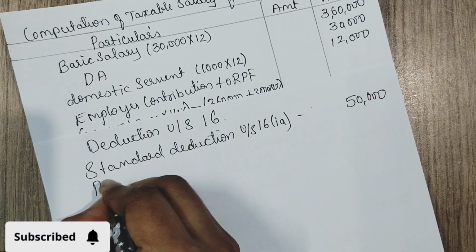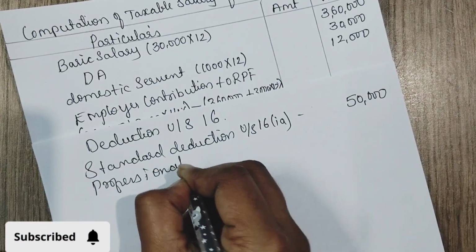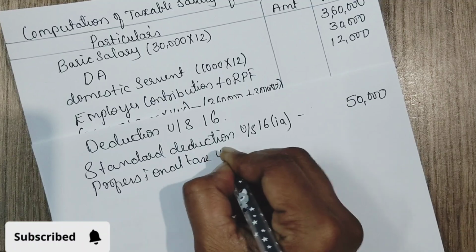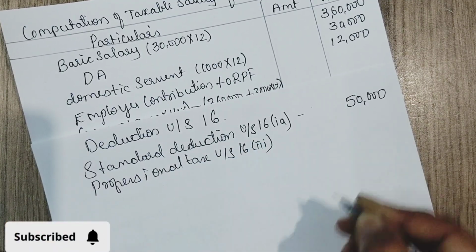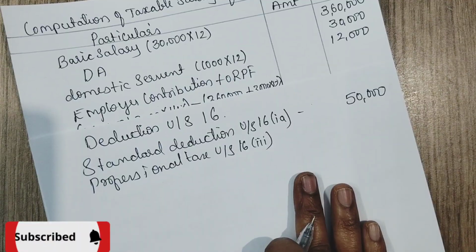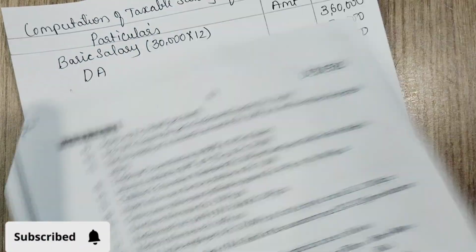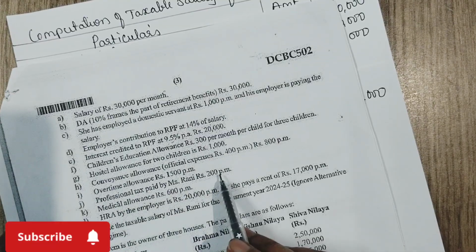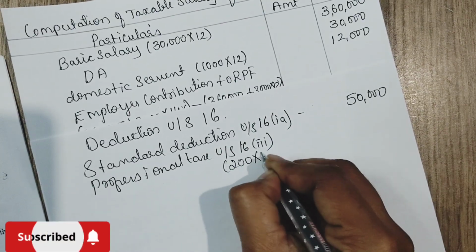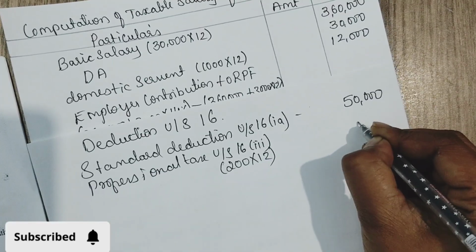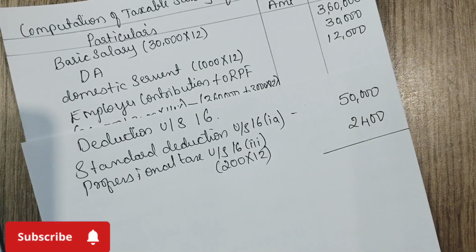Then we have professional tax under section 16 clause 3. What is the professional tax she paid? The professional tax she paid is 200 per month. 200 into 12, 2,400.